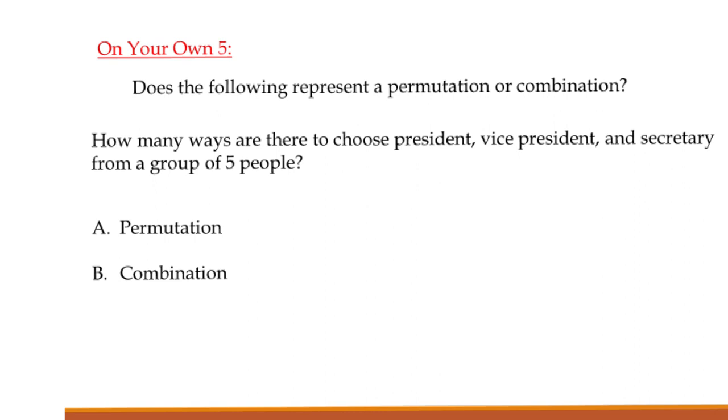Another example, same type of problem, is this a permutation or combination? How many ways are there to choose president, vice president, and secretary from a group of 5 people? We are choosing people for specific offices. A person to be vice president, a person to be secretary, a person to be president.